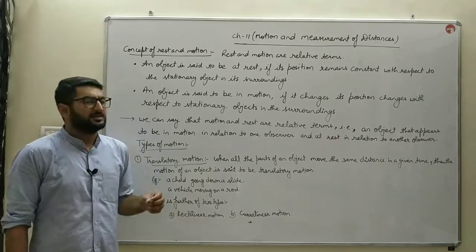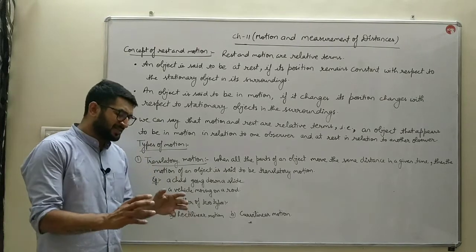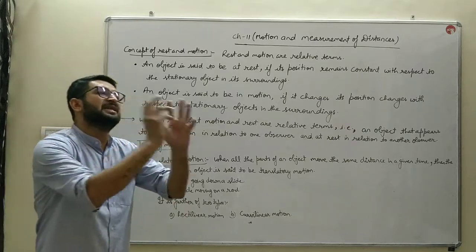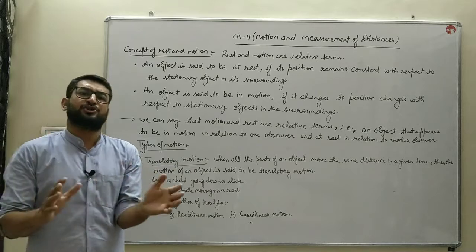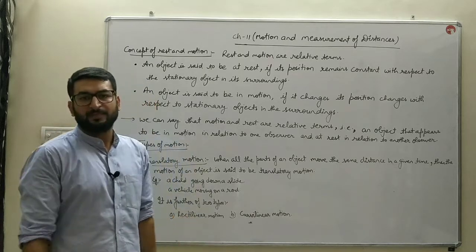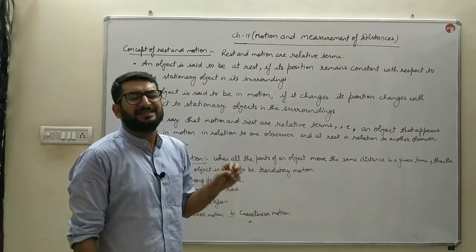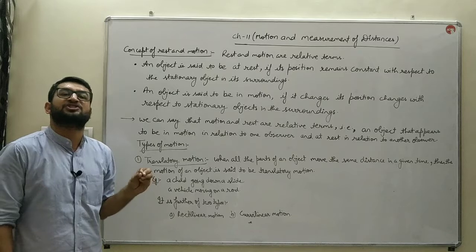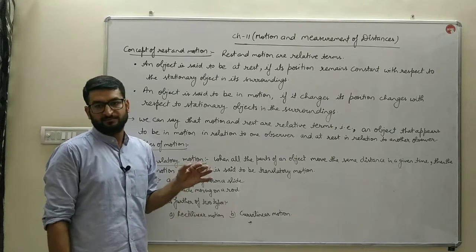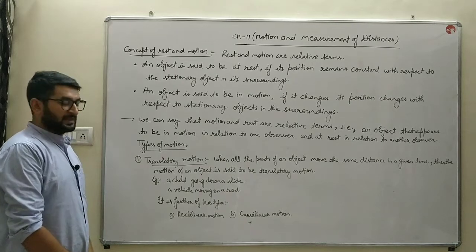Now we will discuss the concept of rest and motion. Rest and motion are two relative terms. There is no meaning of either rest or motion alone. An object is said to be at rest when that object does not change its position with respect to a stationary object. This corner of the board is a stationary object.